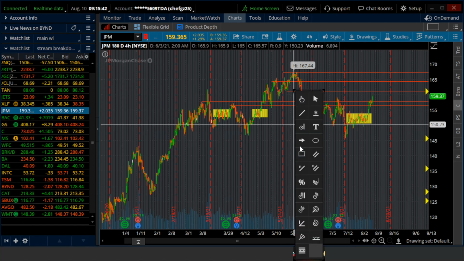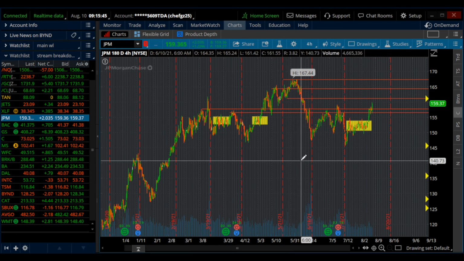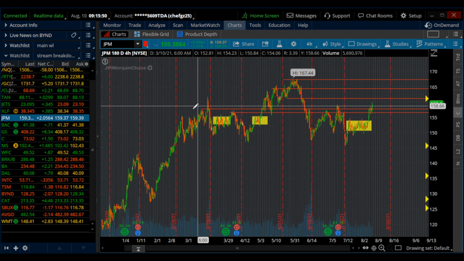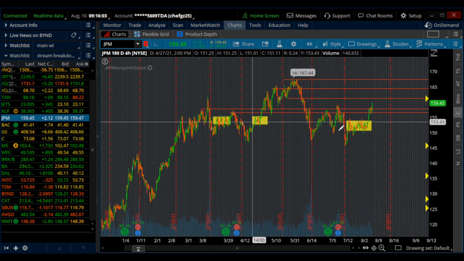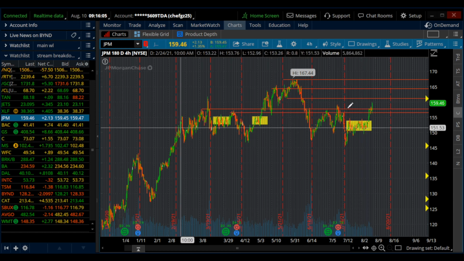Okay, so this is what I like about all financials. Even if XLF, you go take a look at XLF, they're all just rocking and rolling. Okay, so look at this. The bigger the range, the bigger the break, the bigger the staircase pattern will happen to be for us. Okay, remember that. The bigger the time it takes to consolidate like this, the better it is on the breakout.